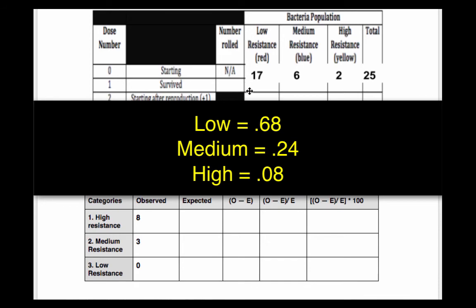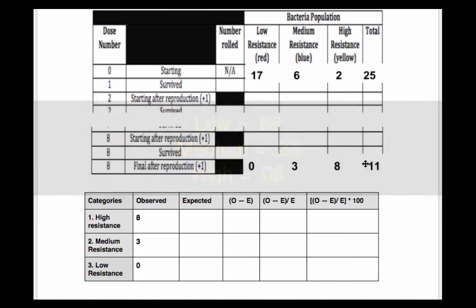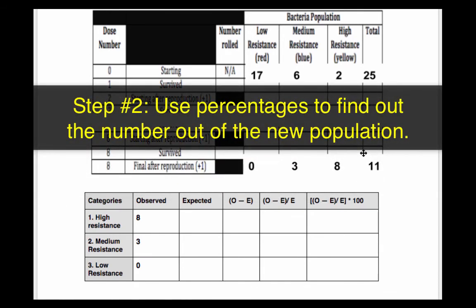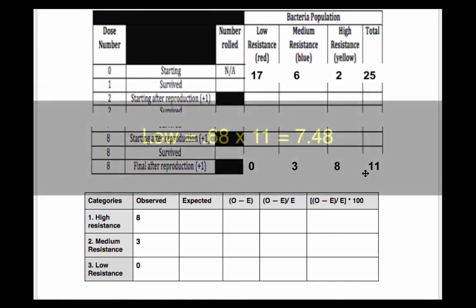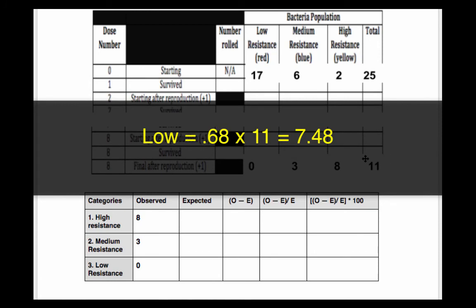And then we have to find out how many bacteria that is out of our total, all right? So for our first one, our 0.68, we can do 0.68 times 11, and that would give us 7.48 expected, and that would be for our low resistance.